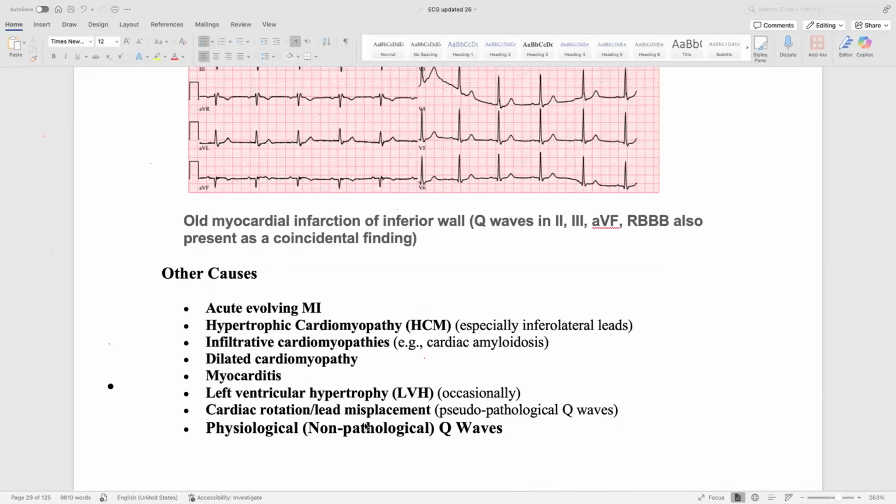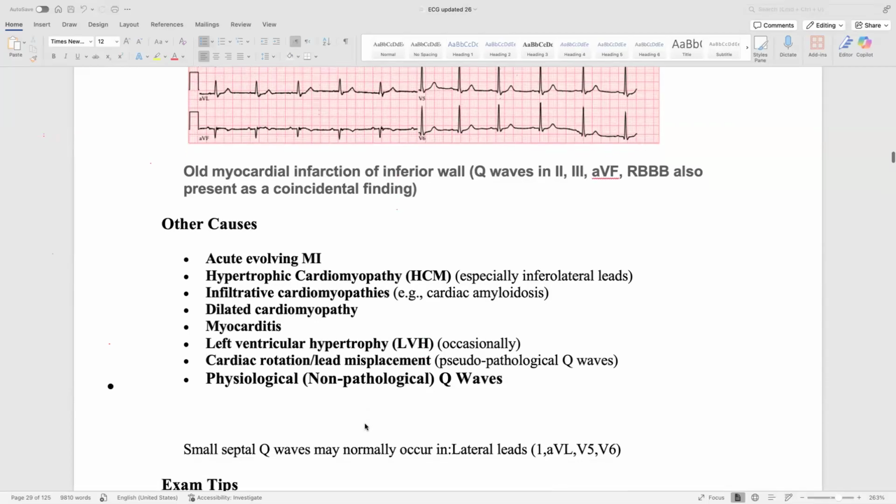The causes of Q wave: usually the most common one is an old inferior wall MI. It could be due to evolving MI, hypertrophic cardiomyopathy with dagger-like Q waves, the long Q wave like a dagger. Dagger sign. And the other is myocarditis or whatever.